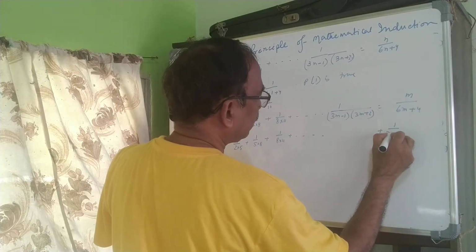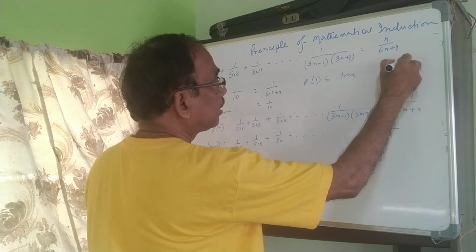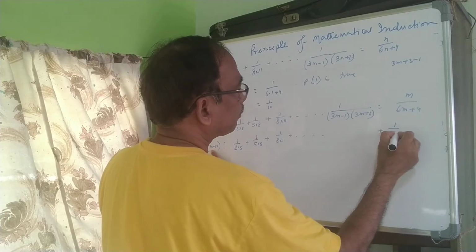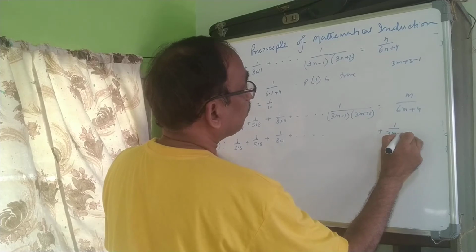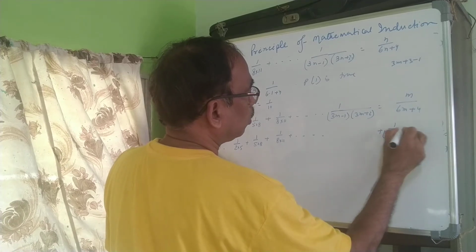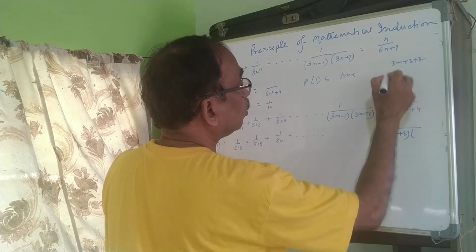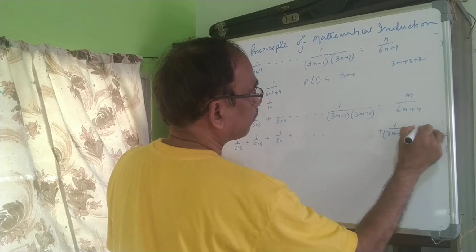The last term: putting m plus 1 instead of m, that is 3m plus 3 minus 1, that is 3m plus 2, into 3m plus 3 plus 2, that is 3m plus 5.